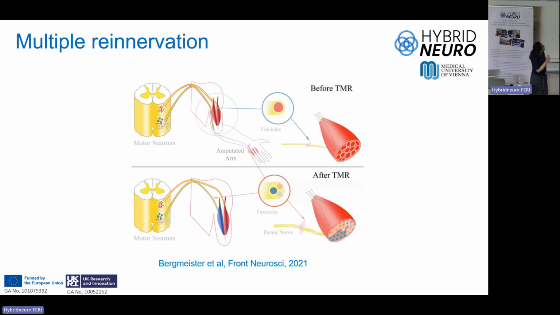What we are doing at the moment, again collaborating on electrophysiological recording with the group of Professor Aszmann, is to reinnervate a muscle with multiple nerves and try to understand if we are still able to detect the activity coming from different nerves.